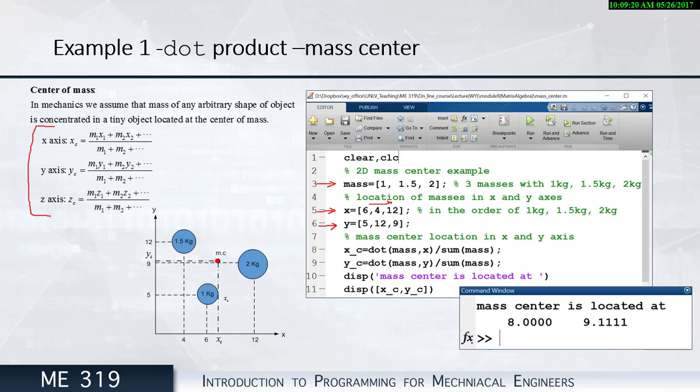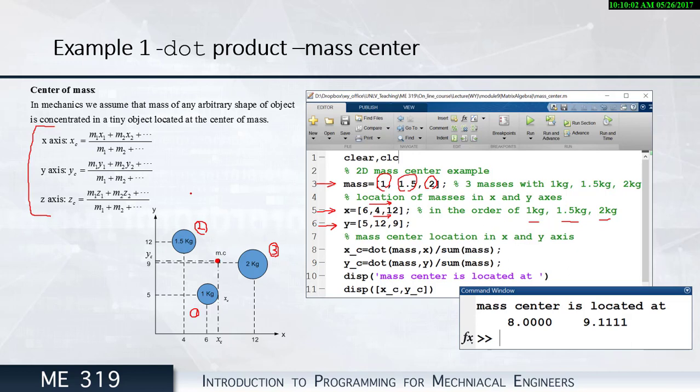Here you should follow the order. In this program, we assume that the order of the mass is 1 kilogram, 1.5, 2, which means this is mass 1, this is mass 2, and this is mass 3. It is shown here, 1, 1.5, and 2. Then the coordinates for their positions should follow the same sequence.